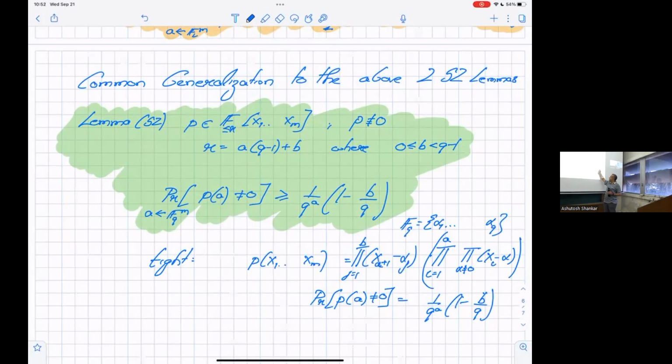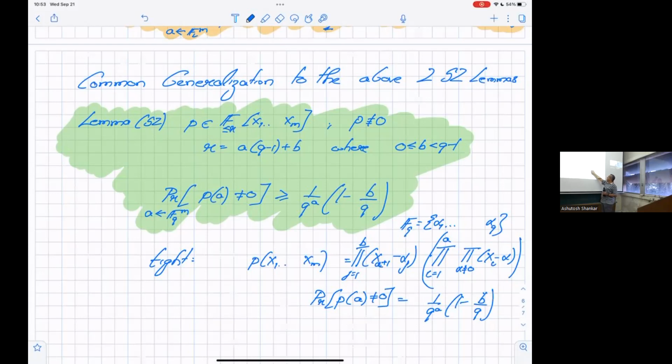You're trying to make it 0 as large a fraction of the time as possible. If the first a variables take any value other than 0, then the thing is going to be 0. So this grid is going to be 0 everywhere except the 0 point for the first a variables.